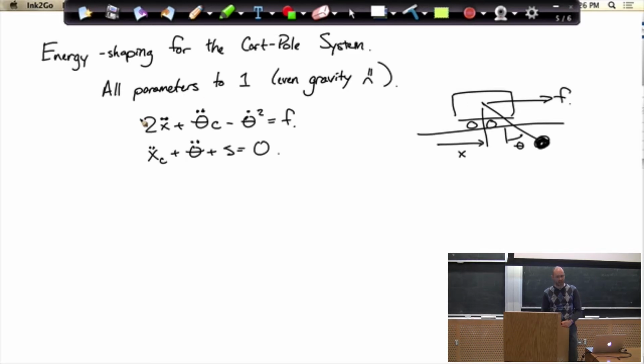Let's see if we can do the same sort of thinking on this slightly more complicated system, and try to think about regulating, let's say, the energy of this system. Now, the energy of this system is a coupled, complicated thing between the energy of the cart and the energy of the pole. And it turns out to be hard, the picture of the homoclinic orbit disappears. It's not so clean.